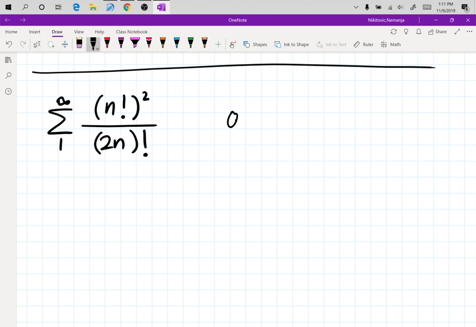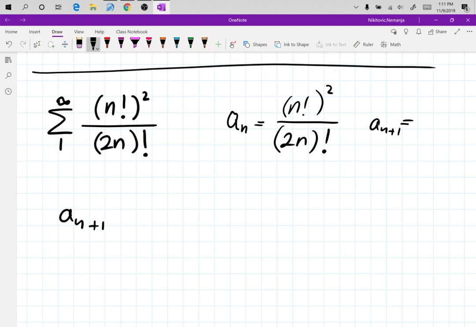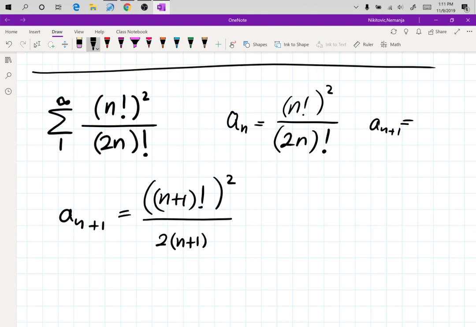So we have our a_n, which is n factorial squared divided by 2n factorial, and our a_(n+1), which replaces n by n plus 1 factorial, everything squared, divided by 2 in parentheses n plus 1, oops, no square. Now close this one and the factorial. Alright, cool.